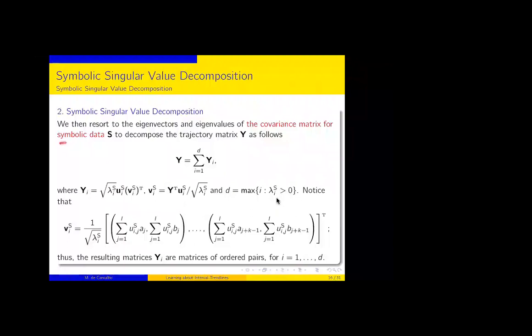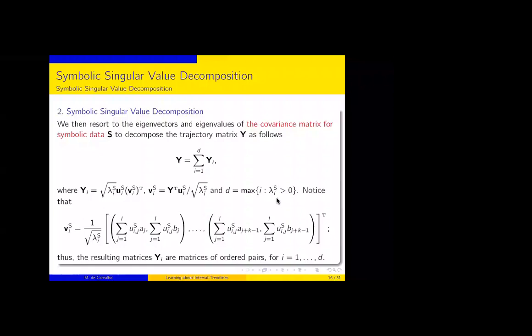So this is where the symbolic data covariance matrix comes again. That's the S I've introduced earlier. And what we're aiming for at this stage is essentially to conduct a singular value decomposition that takes into account the symbolic nature of the data.